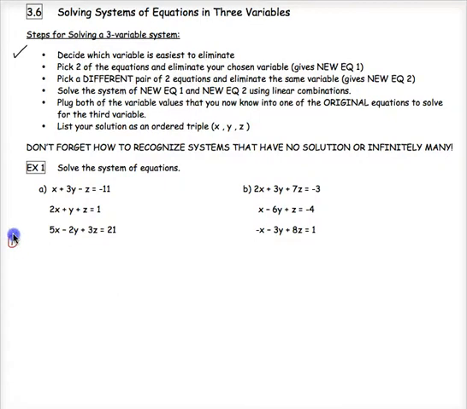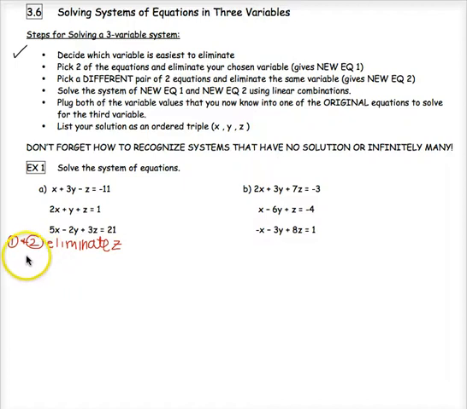So I do that this way. I say I'm choosing equation 1 and equation 2. So these 2 equations, I'm eliminating z. And if you want to write out that you're eliminating z, that can maybe help you if you go back to try to find mistakes. You don't have to write that, but you do have to write which equations you chose.